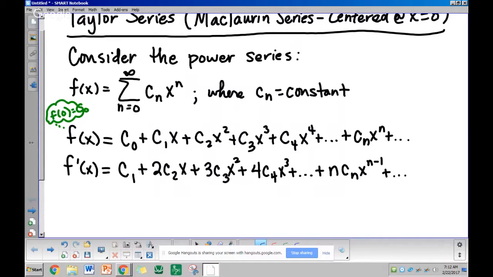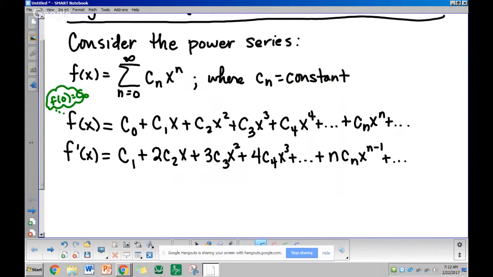If we do the first derivative and we plug in 0, then we can figure out what c sub 1 was. And in order to find c sub 2, we'll take the second derivative.